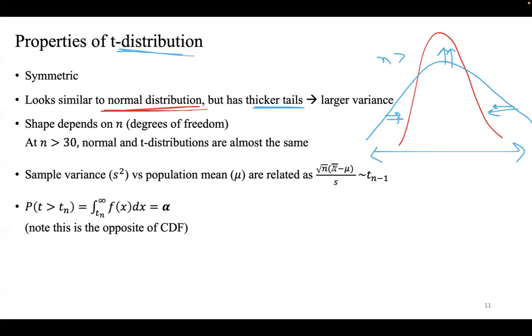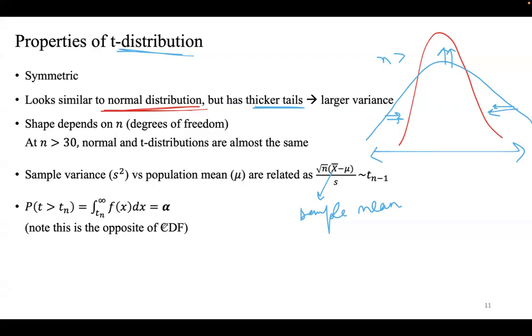And actually, this thing here is your sample mean. So you have sample mean, population mean, sample variance, and this is root n. This random variable follows t distribution. Again, here also, greater than a certain value, that's denoted as alpha. Again, this is going to come into the picture next week.